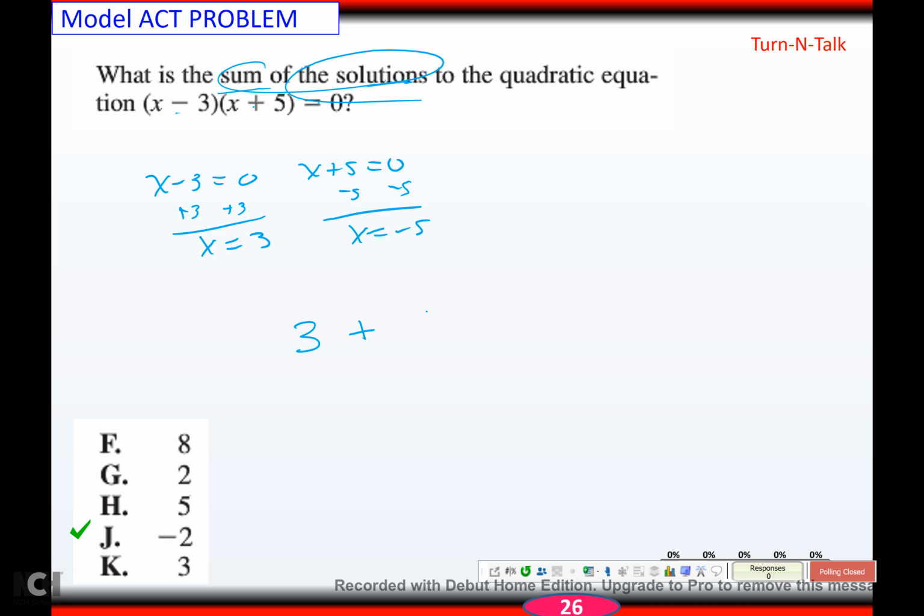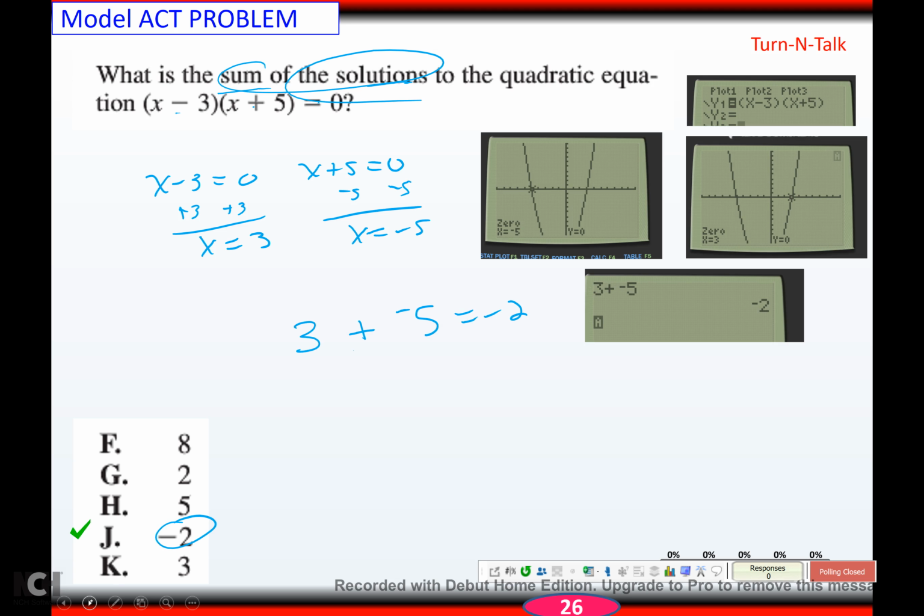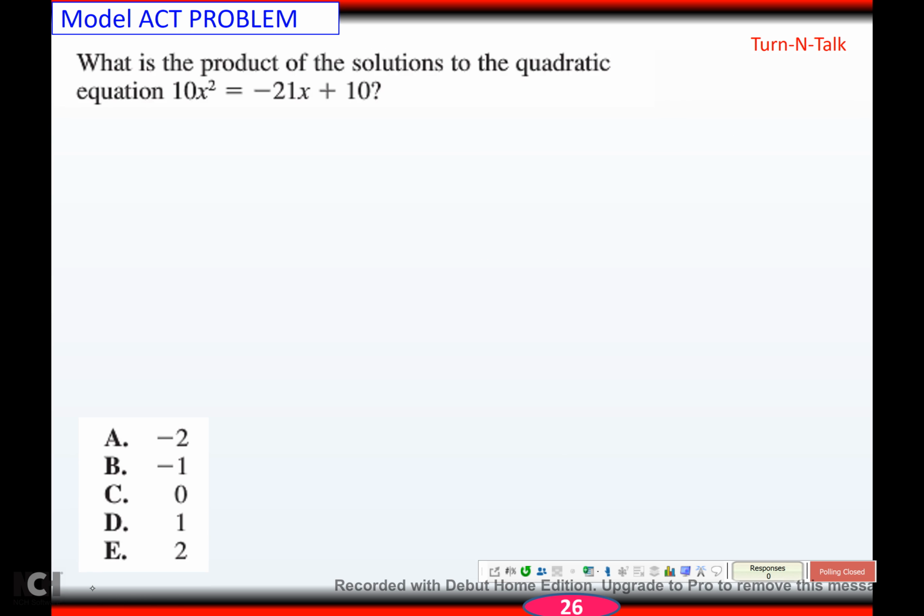So my first solution plus my second solution would give me negative 2. Okay, and you can see from here that, yeah, it crosses at negative 5 and at positive 3. Okay, try this one. Hit pause. Come back when you're ready.